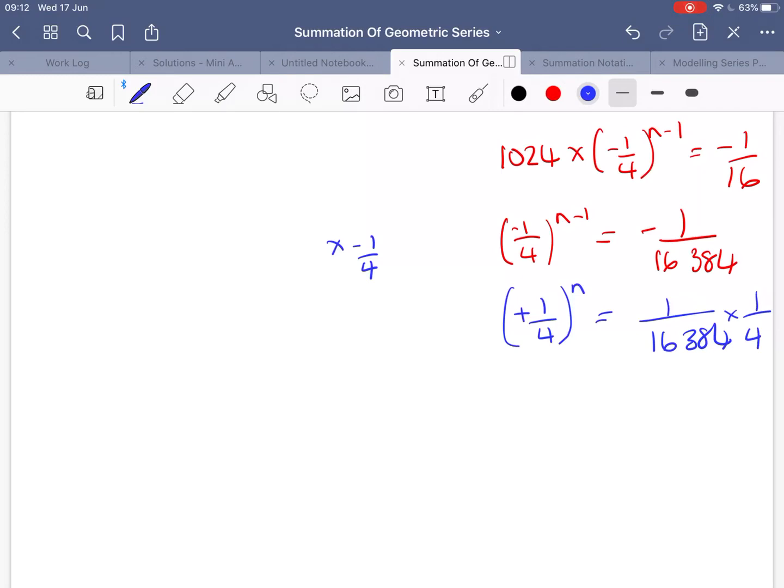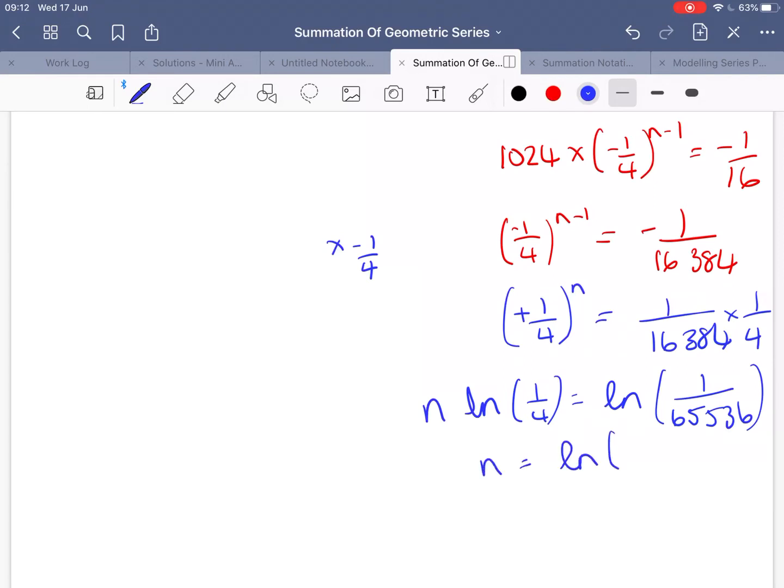So I'd say n times the natural logarithm of a quarter is equal to the natural logarithm of 1 over, and that times 4 is 65,536. So n is going to be the natural logarithm of that one over the natural logarithm of a quarter.